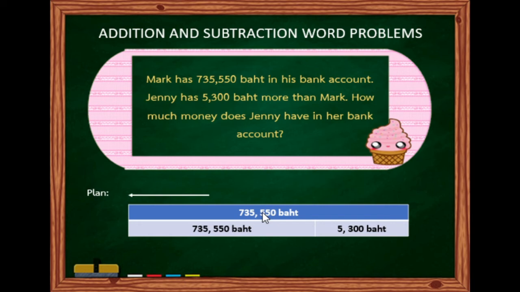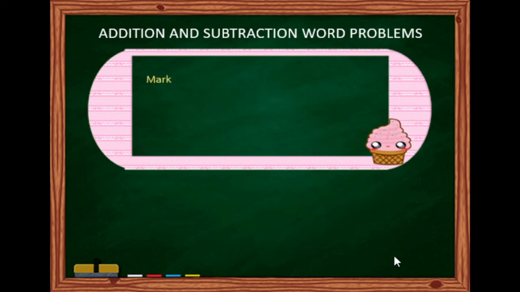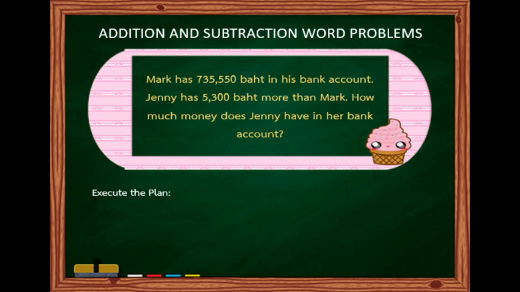This is Mark's money in the bank. However, Jenny's money is this too, 735,550 baht and 5,300. This would give us the total money of Jenny in the bank. Now, what are we going to do? This is the time we execute the plan. We need to solve for the question.